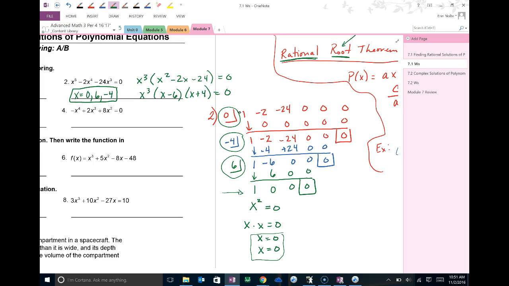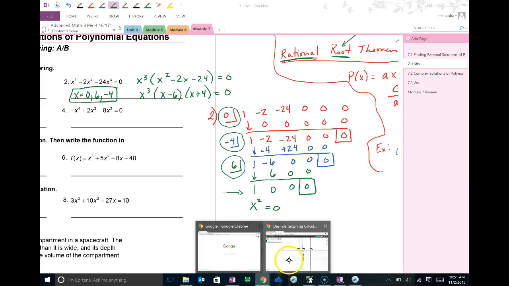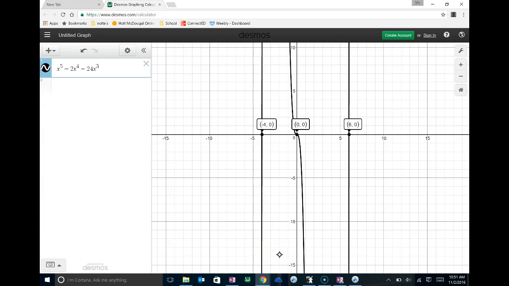If I see one that crosses, I have an odd exponent. So it could be x to the first, x to the third, x to the fifth, x to the seventh. I could potentially have more than 1 zero there. Okay, so in this case where I have this function, this crosses 0 like 3 times. See how it does that little wiggle? That's because I have x cubed right there.